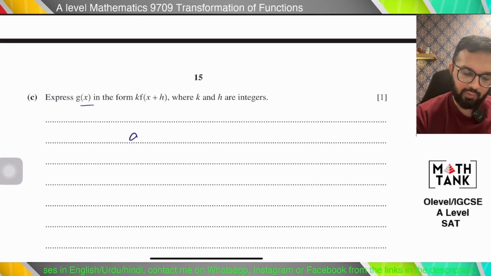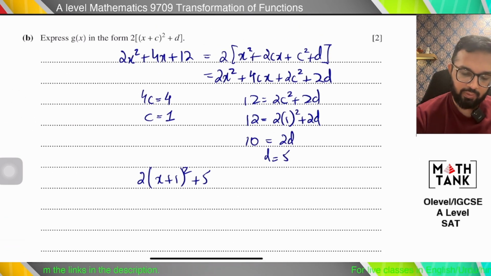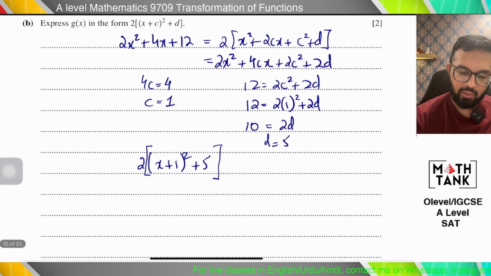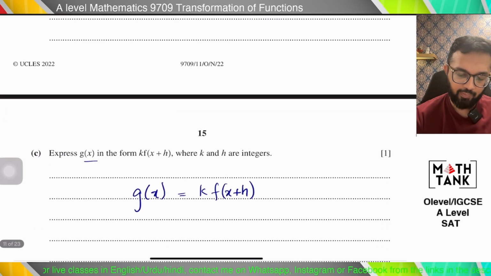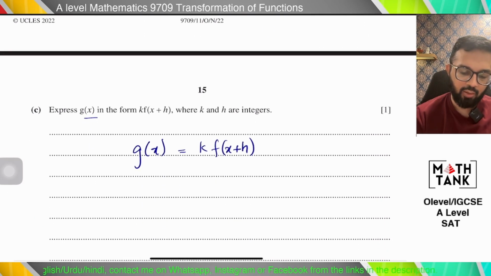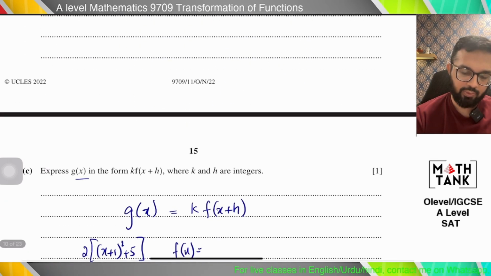Express g of x in the form k f of x plus h. Okay, so what is my g of x? I have a bit of a suspicion that this might not be written in the right way. Yeah, that is what I was missing. Okay, so this is 2 bracket x plus 1 whole square plus 5, and f of x is basically x minus 2 whole square plus 5.